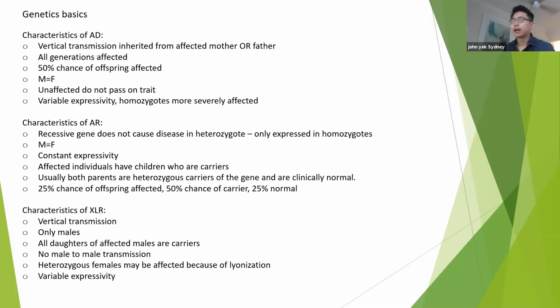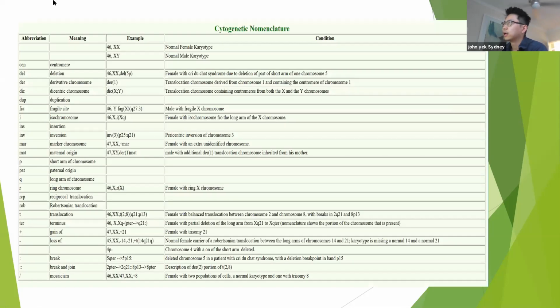Essentially, I was trying to say that there are not many genetics questions that I could find online because they're all MCQs. But I think there was a question recently that people had trouble with, which was the standard genetic nomenclature. And I thought this table might help people later on in their studies. The example question was in Down syndrome, how would you annotate the chromosome?